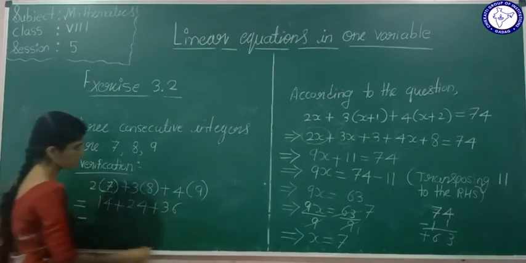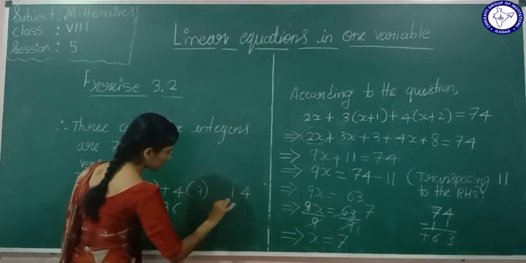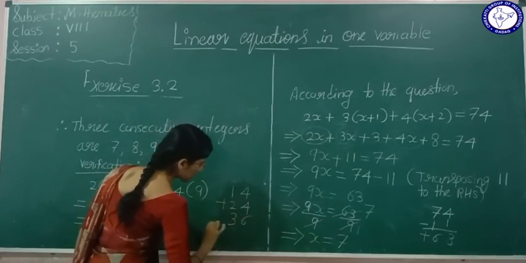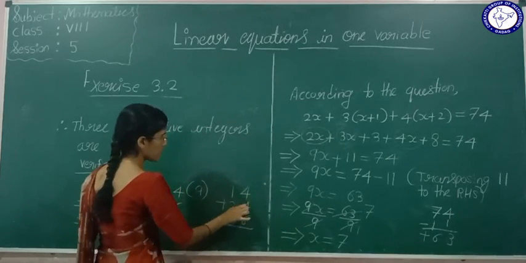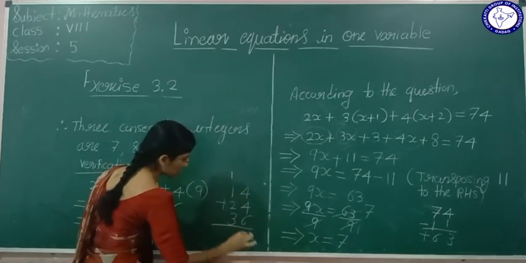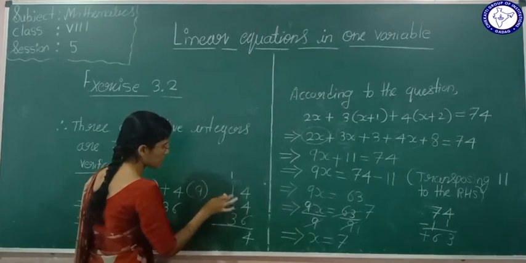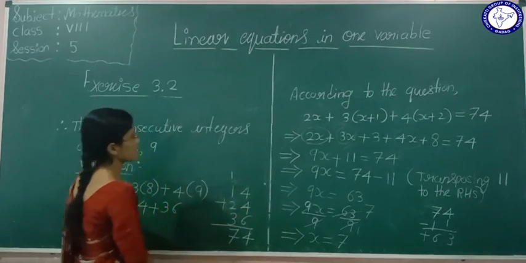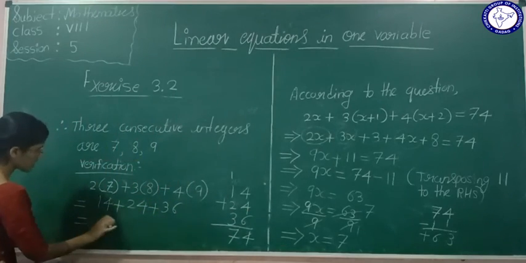What is 14 plus 24 plus 36? 6 plus 4 is 10, 10 plus 4 is 14, 3 plus 2 is 5, 5 plus 1 is 6, 6 plus 1 is 7. It is 74.